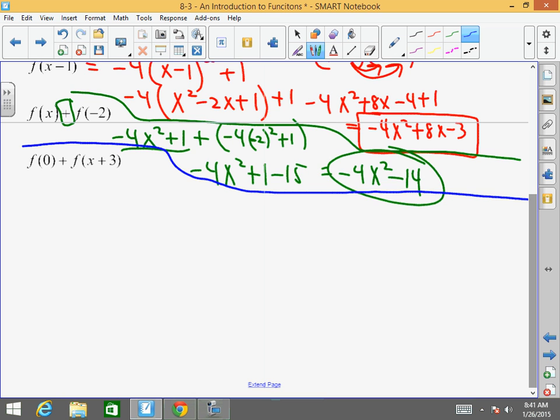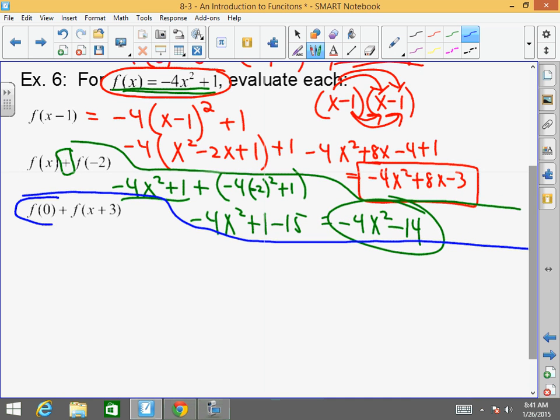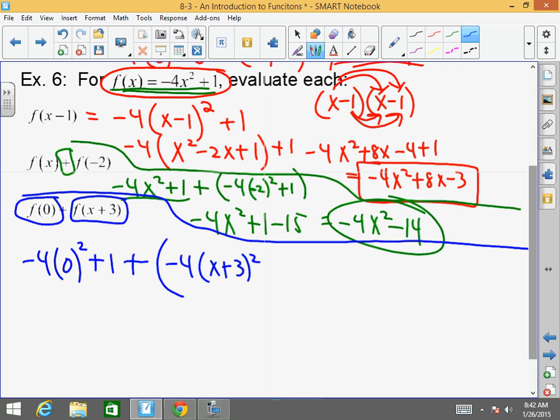So f of 0, okay, what am I replacing the x with here in this one? So I've got negative 4 times 0 squared plus 1 plus, what am I replacing the x with here? So plus, in parentheses, negative 4 times x plus 3 squared plus 1. Very good. 0 squared is 0 times negative 4, so I'm left with a 1 here, plus parentheses, negative 4.